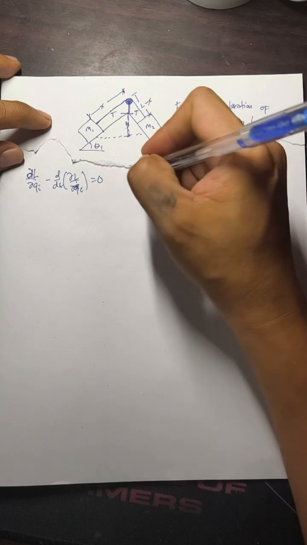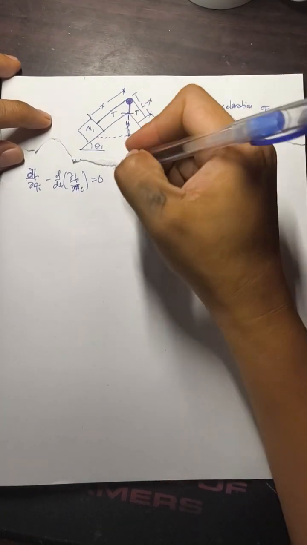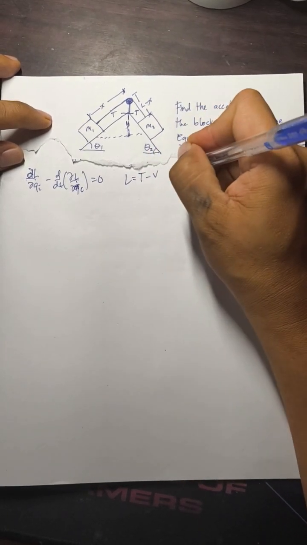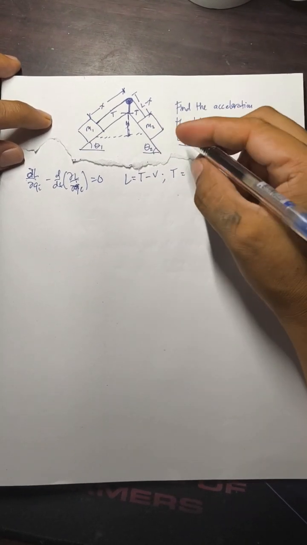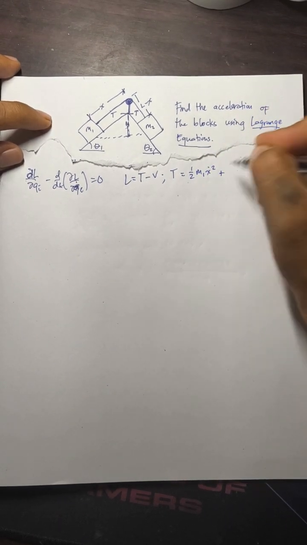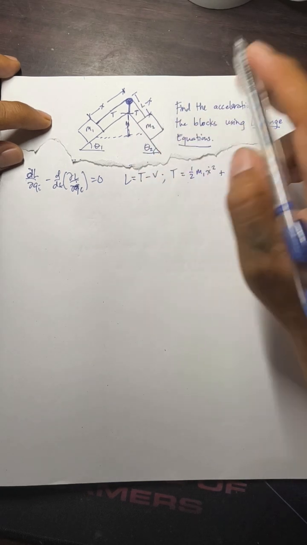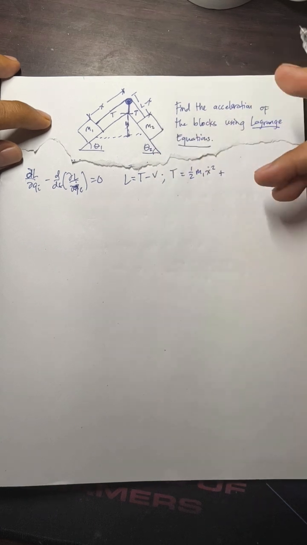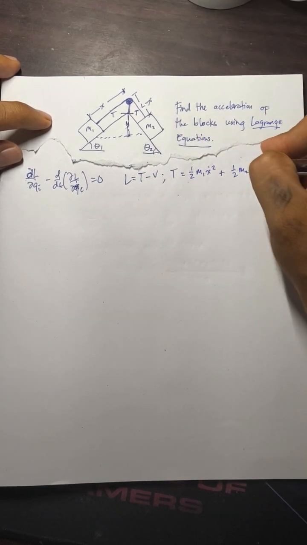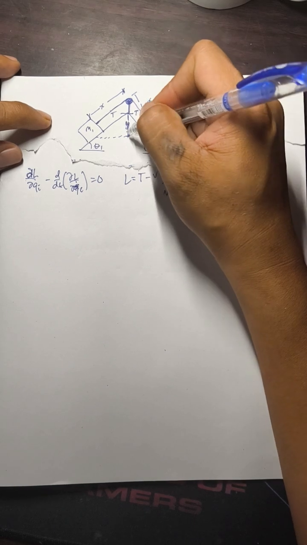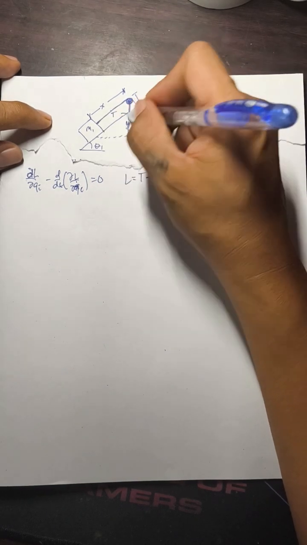So let's now find our Lagrangian. L is just equal to T minus V. What's our kinetic energy? Let's combine: the kinetic energy of the first block, 1/2 m1 x dot squared, plus, since the coordinate of the other is L minus x, its derivative is minus x dot, take the square, so again the same velocity squared. Our potential energy: let this be our y, and y is just x sine theta 1 for mass 1.